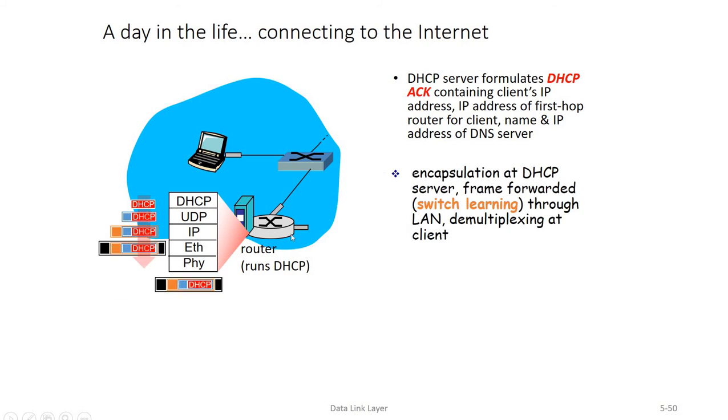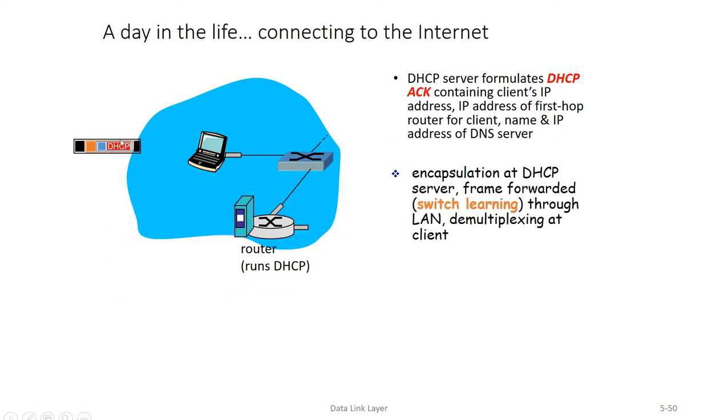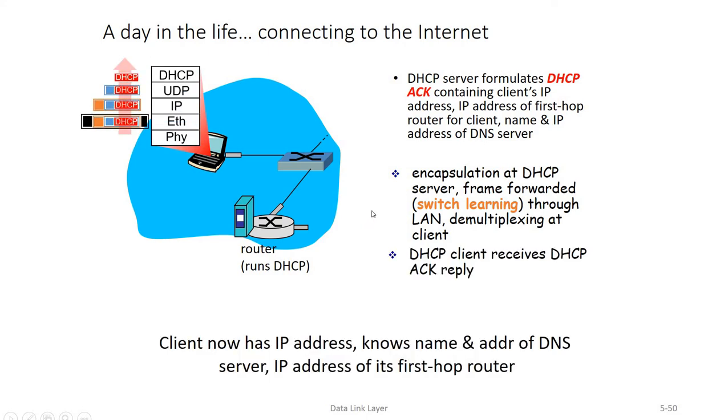So the DHCP replies back to the host. That means Google can be reached at this IP address. Then the client now has an IP address, knows the name and address of the DNS server, and the IP address of its first hop router.